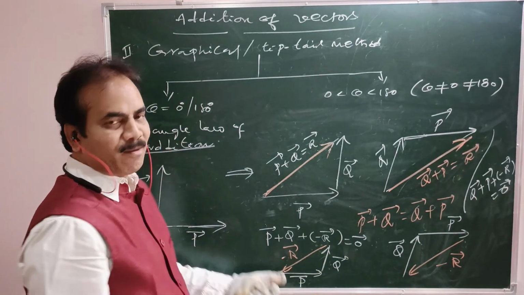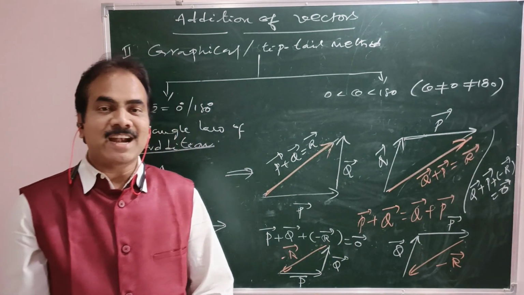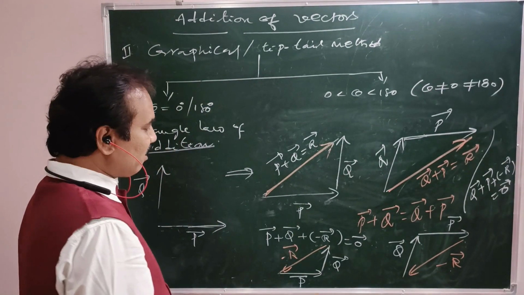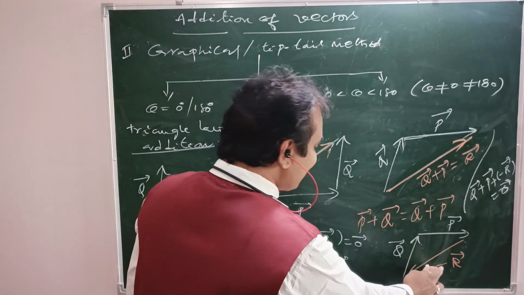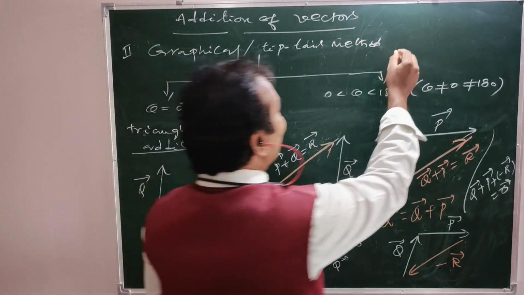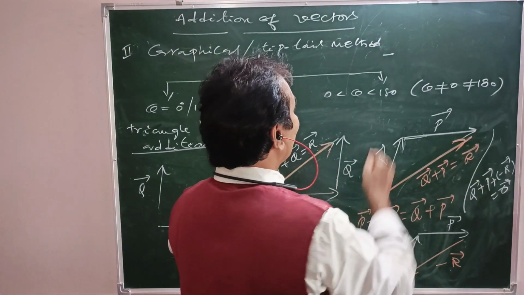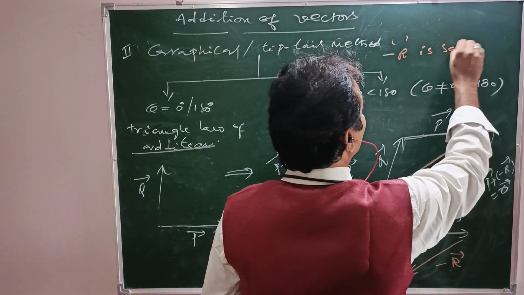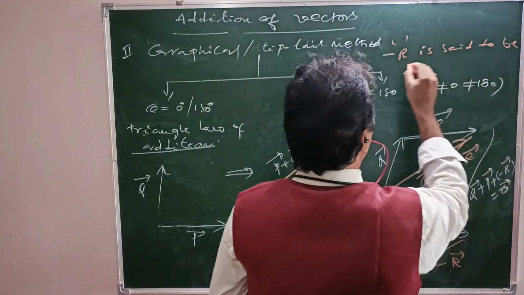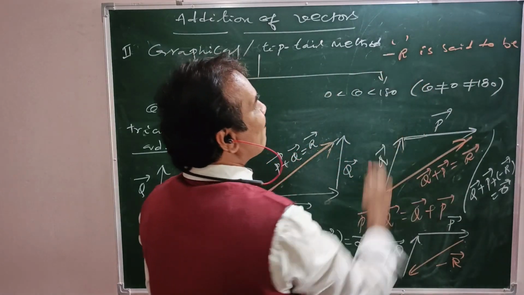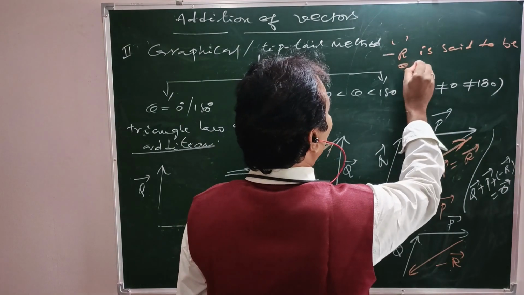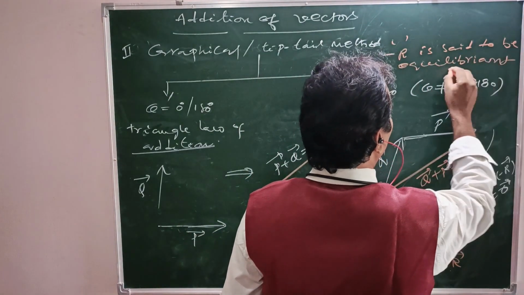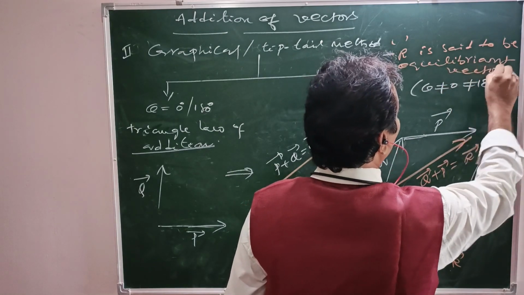Therefore, negative of R bar, that is negative vector of resultant vector, is said to be what we call equilibrium vector. Equilibrium vector. Okay. Minus R bar, here also minus R bar, negative vector of resultant vector is said to be equilibrium vector.